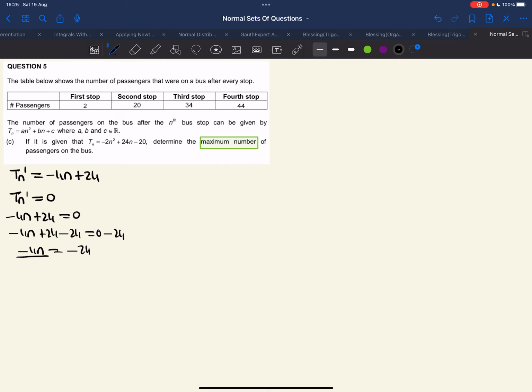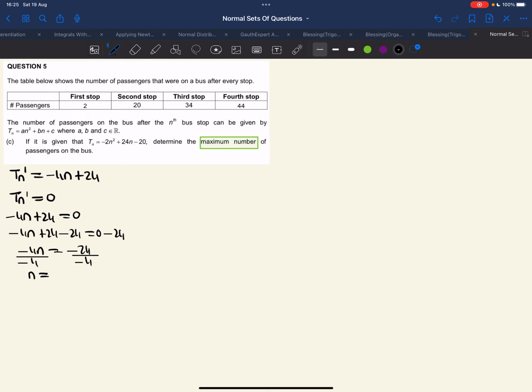Then we divide both sides by minus 4, and n is going to be equal to minus 24 over minus 4, which gives us 6.